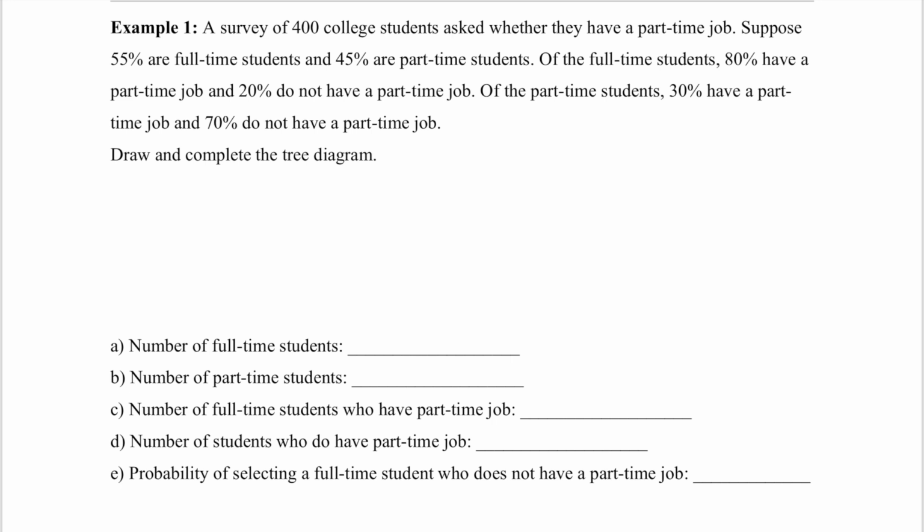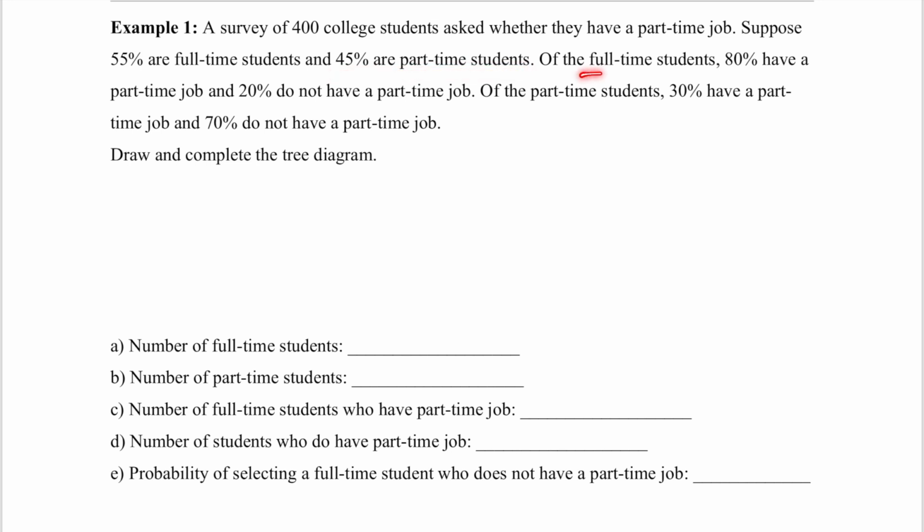Let's work through example 1. A survey of 400 students asked whether they have a part-time job. We're given the following information. 55% are full-time students and 45% are part-time students.